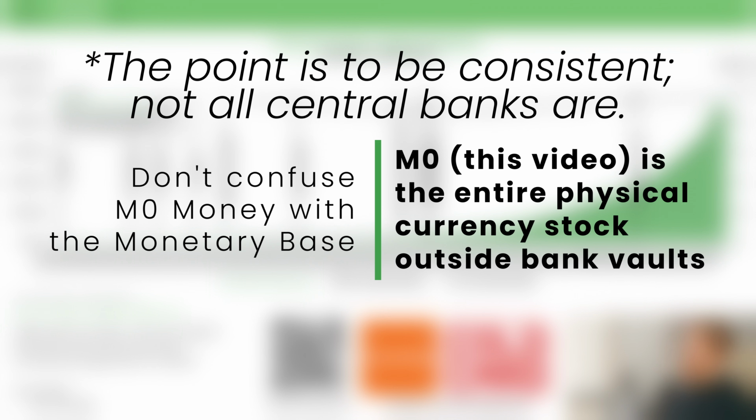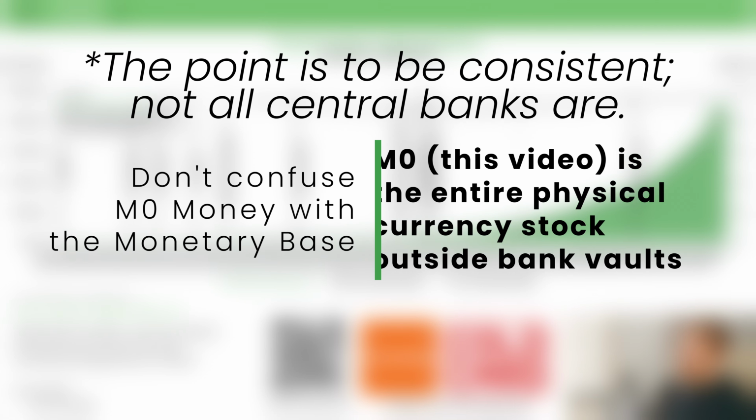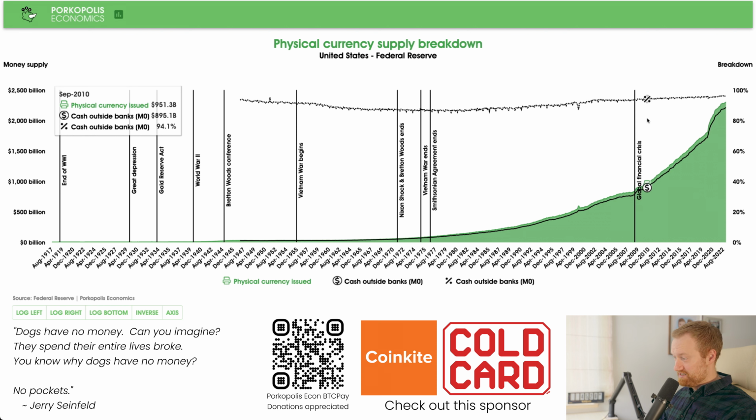But by and large, that's not a definition that's used for the rest of central banks and the rest of economists, so on and so forth. When you talk about M0, both are base money, by the way. The monetary base is the entire stock of base money. M0 is a portion or a subset of base money. But other than those examples, most of the time when you see M0, it's going to mean this.